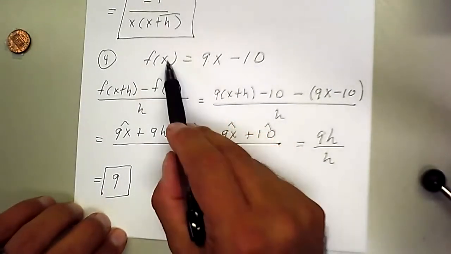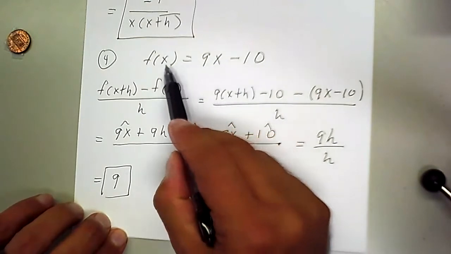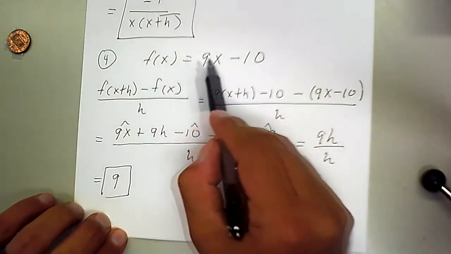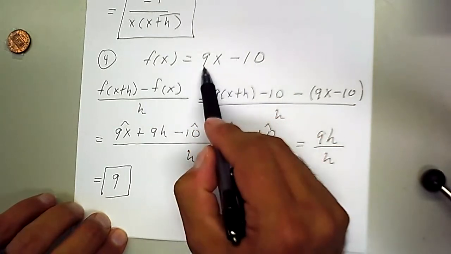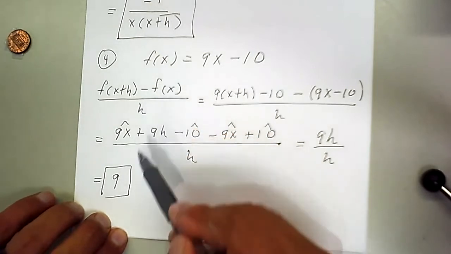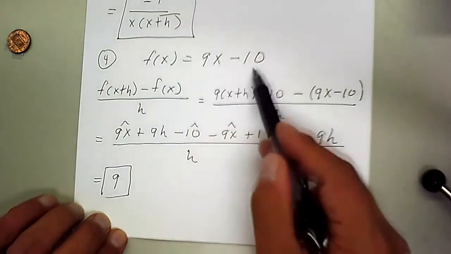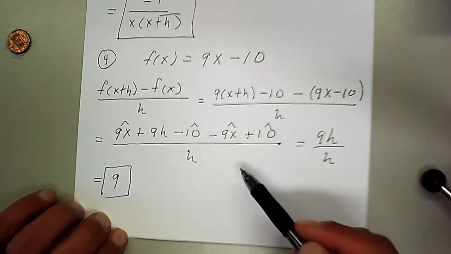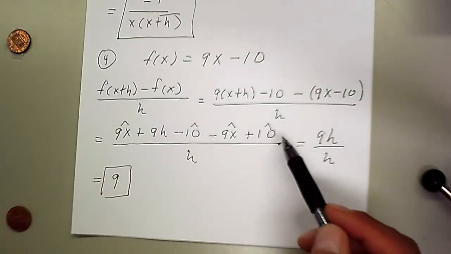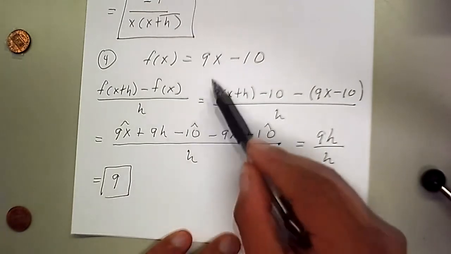You know very well this is a straight line. What is the slope of this straight line? Well, it's 9. And what we are finding is a slope. Well, the slope has to be 9 because that is the slope of the line. It wouldn't make sense that the slope is something else other than 9. It has to be 9.